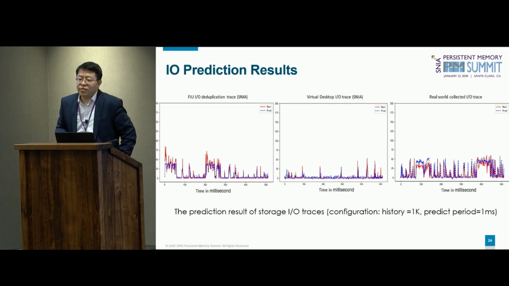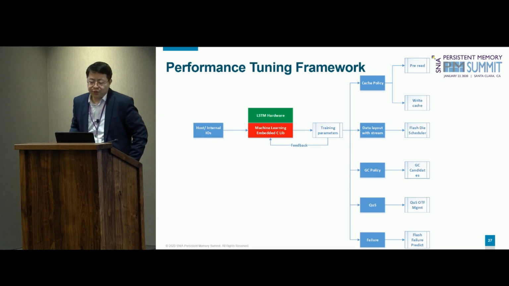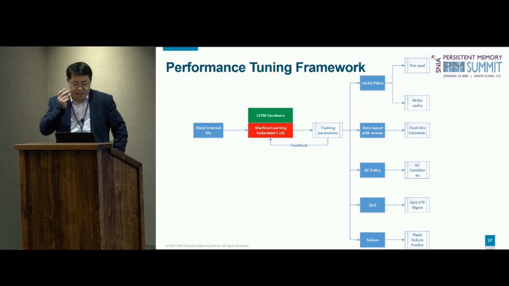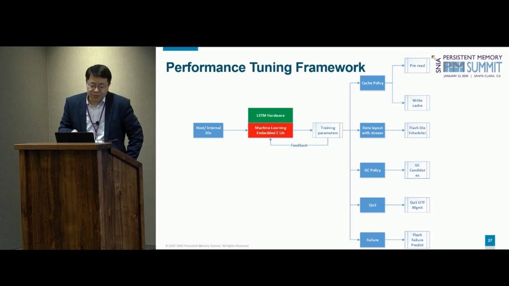The other way, we thought maybe we can do something lightweight on the software level. So we did such work, and we implemented the reinforcement learning algorithm at the firmware level. So this chart shows a performance tuning framework. You can see that the green one is LSTM hardware, and the red one is the machine learning embedded C library.